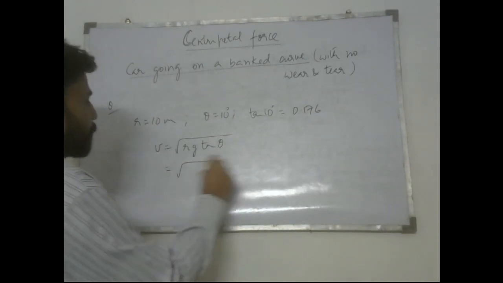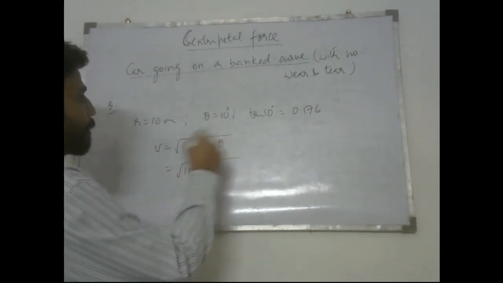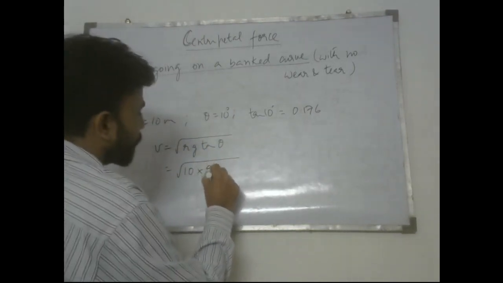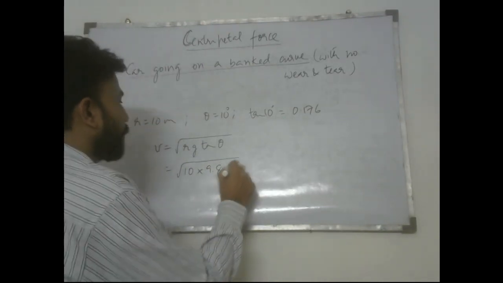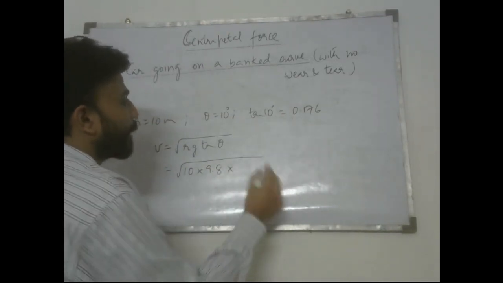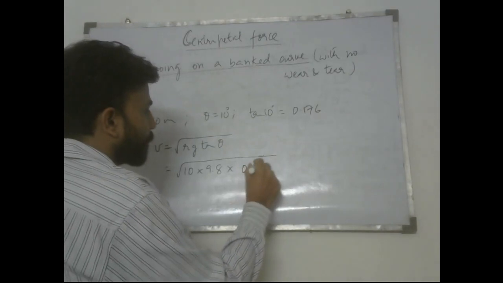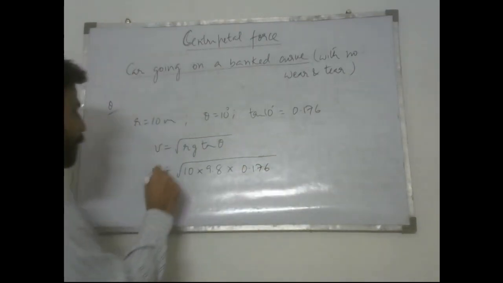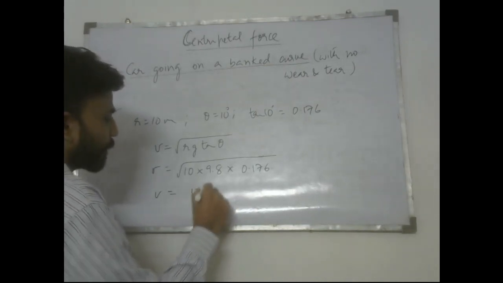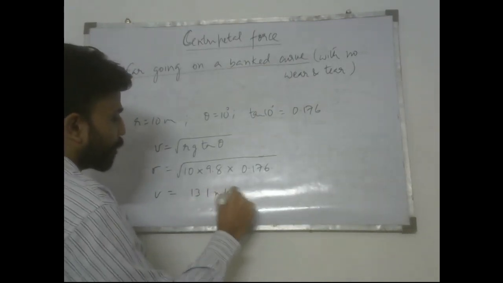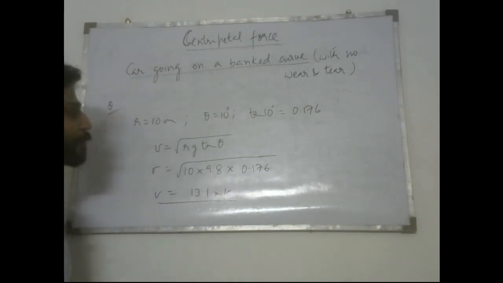Value of r is 10 meters, acceleration due to gravity g, let us take it as 9.8, tan theta, that's tan 10 degree, is 0.176. After evaluating this expression, we will get the value of velocity as 13.1 meters per second.